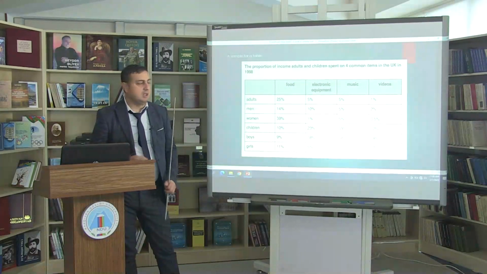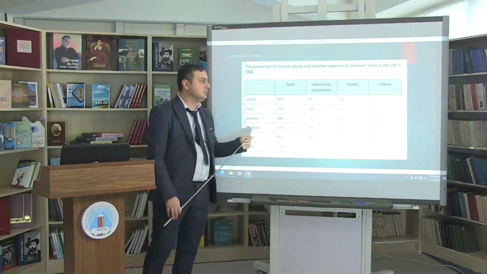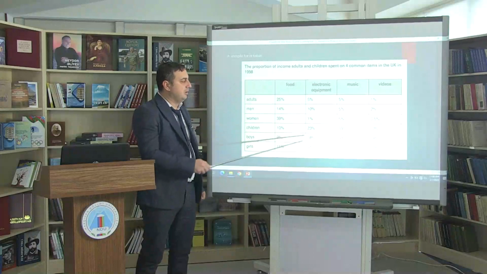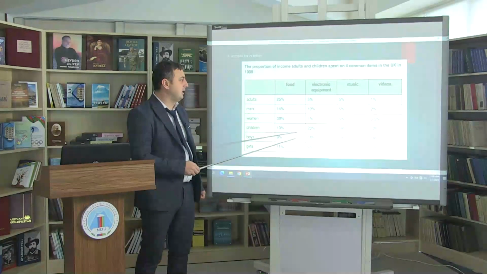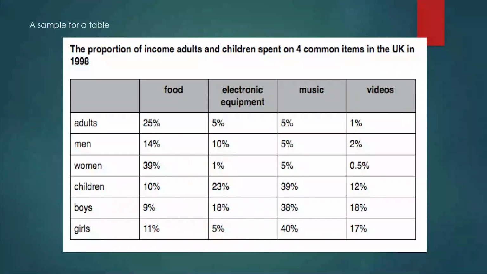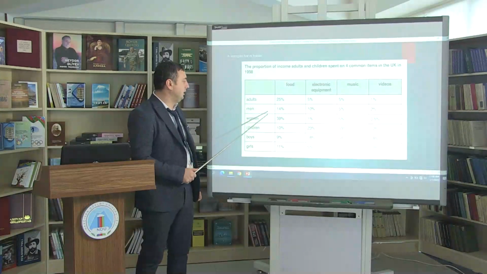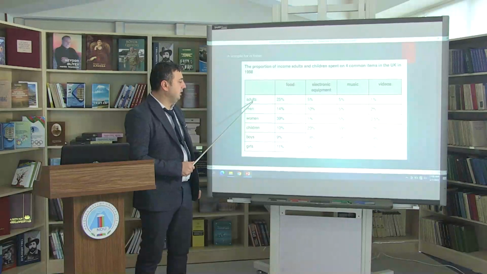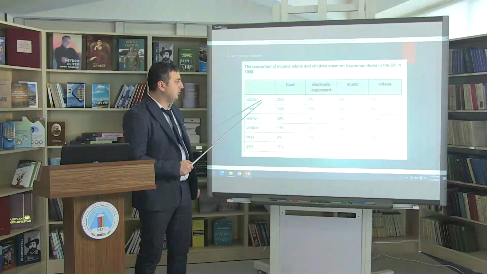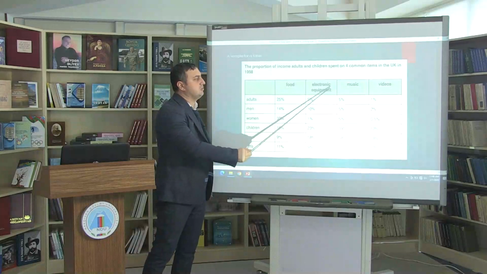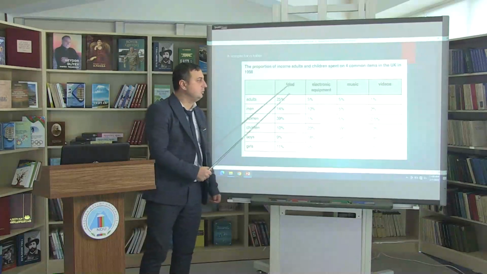Then tables. Tables are considered one of the simplest writing task 1 samples. As we see, the proportion of income adults and children spent on common items in the UK in 1998. For example, there are 4 categories here, like food, electronic equipment, music, and videos.